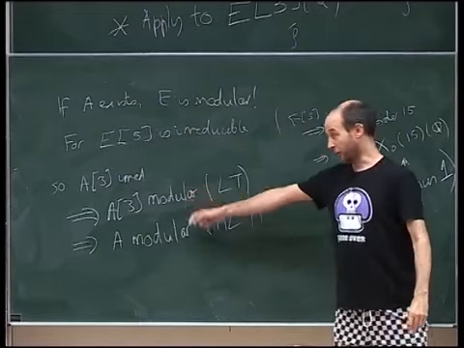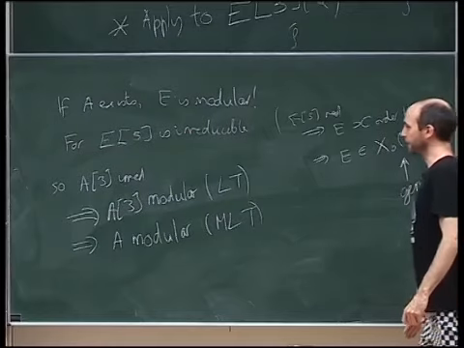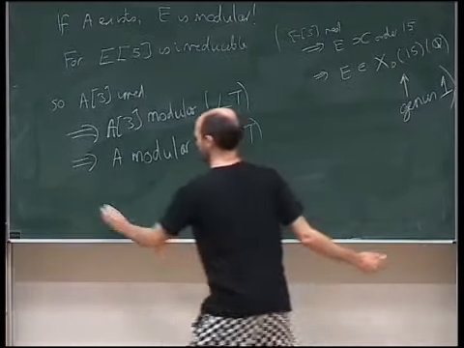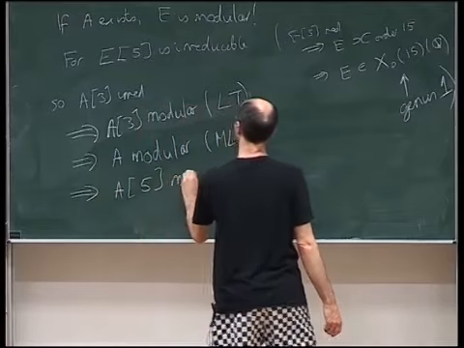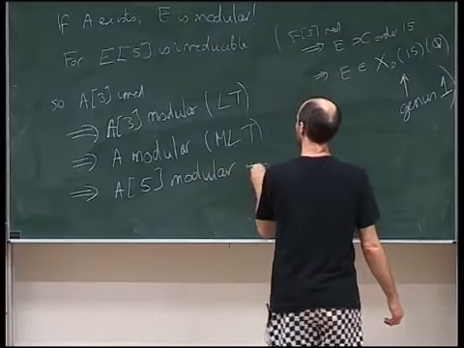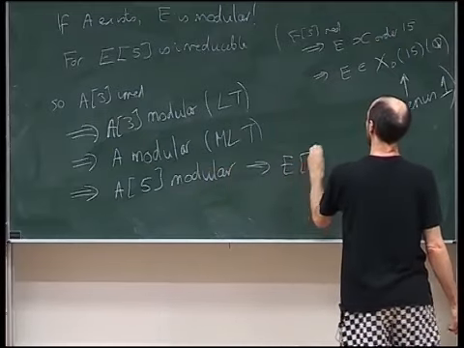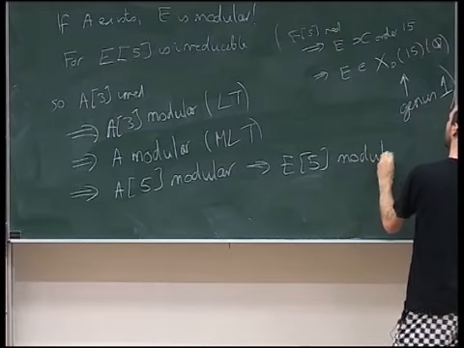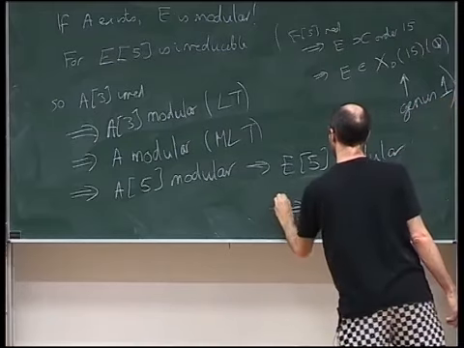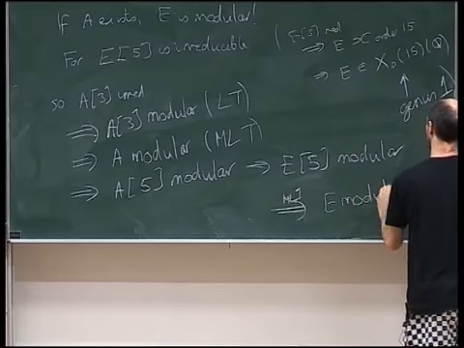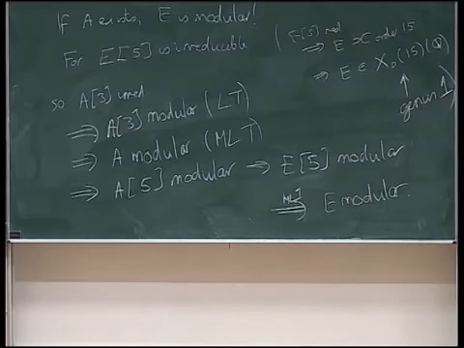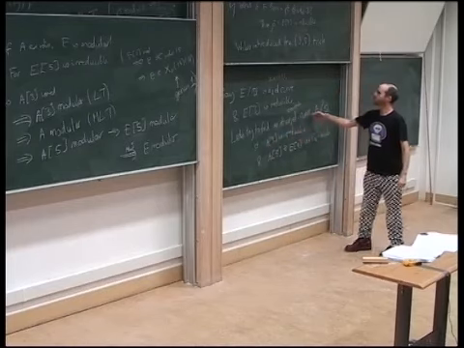This is one of the things that Tobias mentioned. So that implies that the 5-torsion of A is modular, and that implies that the 5-torsion of E is modular. And that implies, again by modularity lifting theorems, that E is modular. So we're left with one issue: how to find this A.